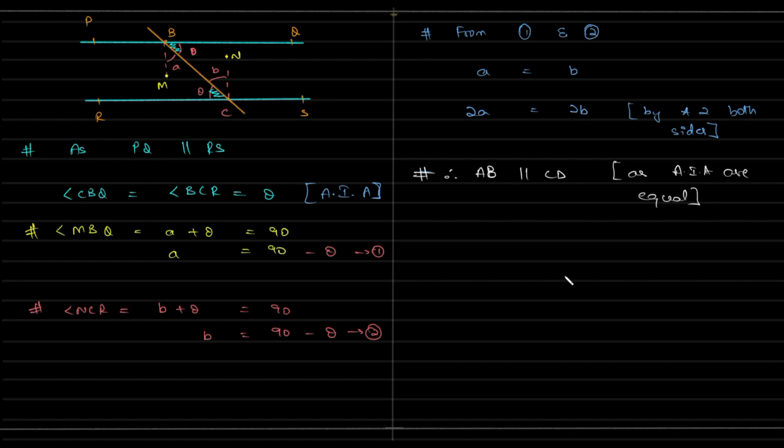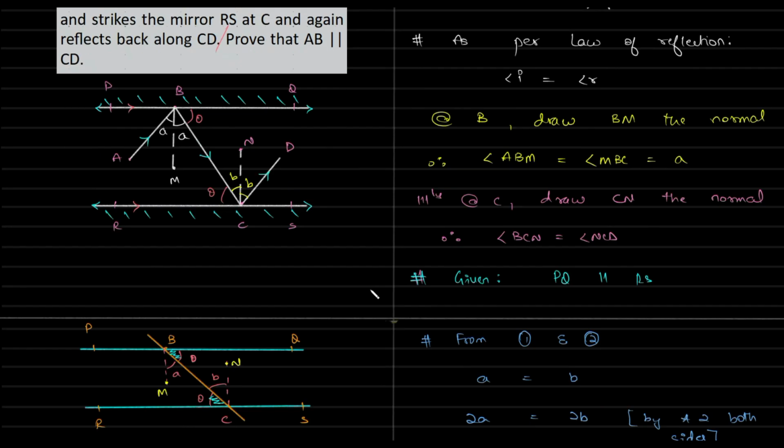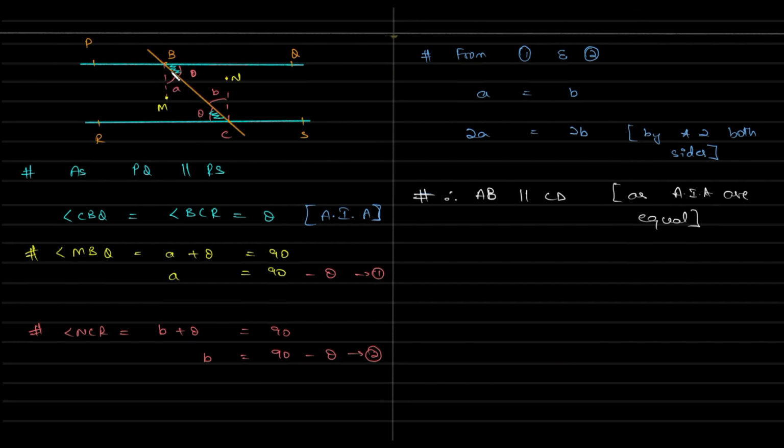Okay, so this is your answer, right? This has to do with the law of reflection, so that if you make it clear, this is 2A and this is 2B. Next, these two lines are parallel, so we have alternate interior angles being equal as theta, theta.